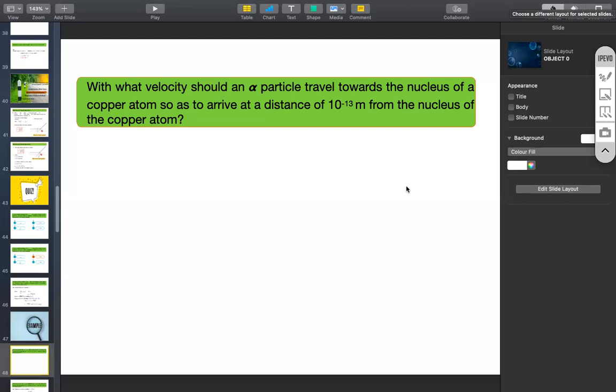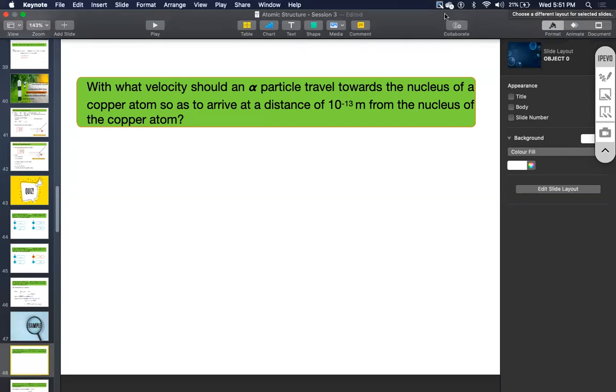Yes, because it has kinetic energy. No one else has kinetic energy. Yes, a fast moving alpha particle had collision with the nucleus.